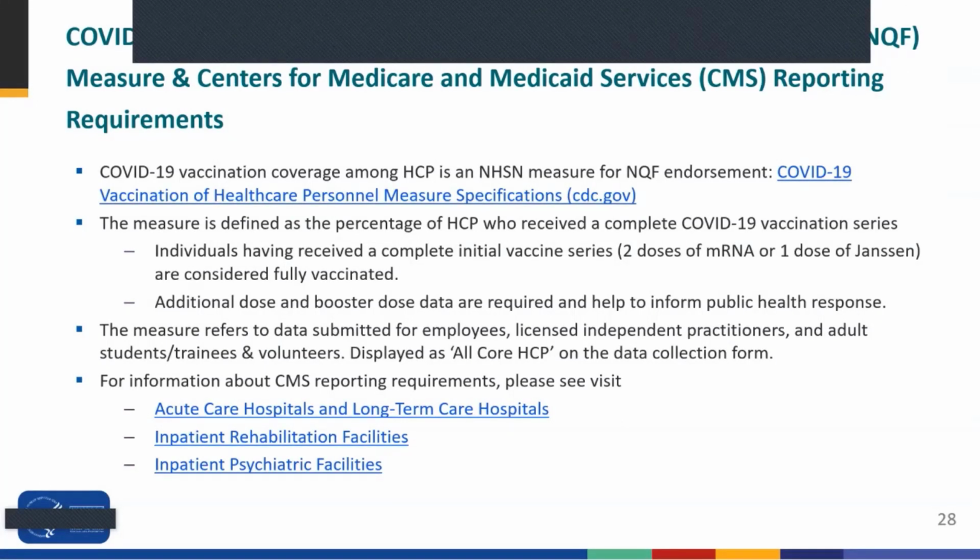Data on additional and booster doses are required in the NHSN application and help to inform public health response. The measure refers to data submitted for employees, licensed independent practitioners, and adult students, trainees, and volunteers. These categories constitute the all-core healthcare personnel field on the data collection form. For information about CMS reporting requirements, please see the links on the slide.